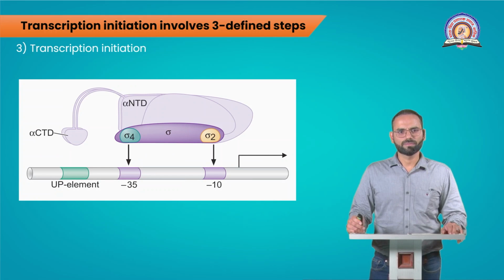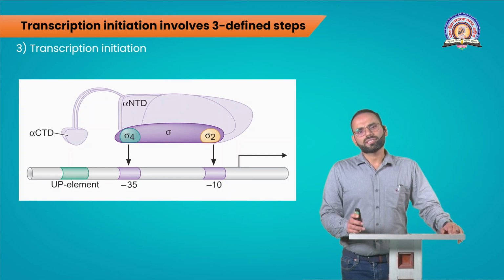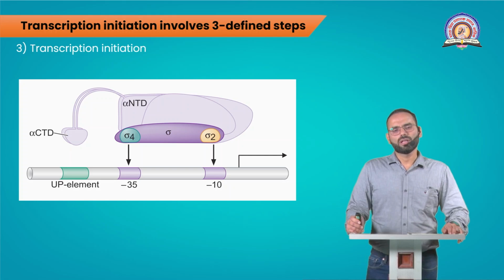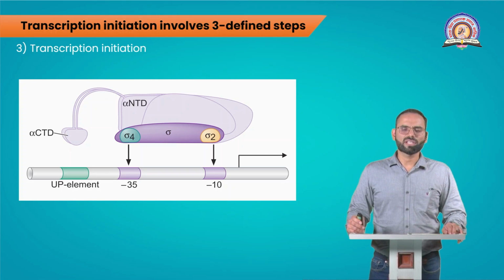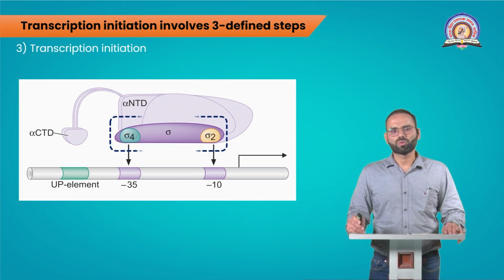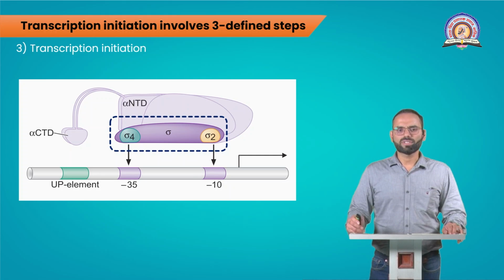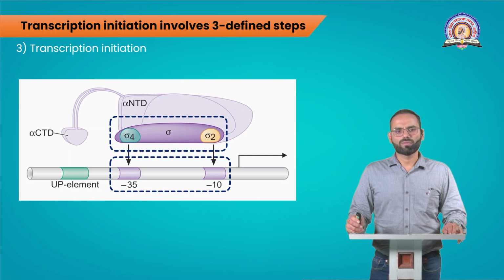So this initiation requires an interaction of the sigma factor with the promoter element as well. The sigma factor has different regions ranging from region 1 to region 4. Out of these, region 2 and region 4 are very critical for the formation of a stable complex with the -10 and the -35 elements of the promoter.